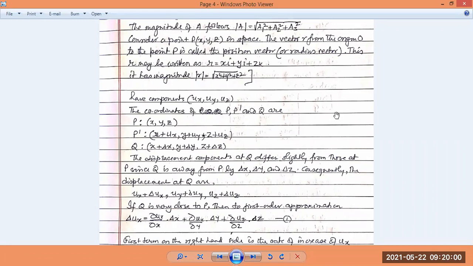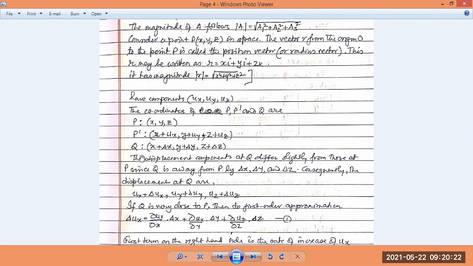Thus, the coordinates of P become x, y, and z. The coordinates of P dash become x plus ux, y plus uy, and z plus uz itself, as the point P is changed by this amount. So we are just adding the value to the initial value of the coordinates.